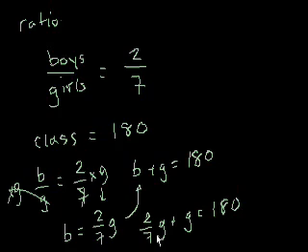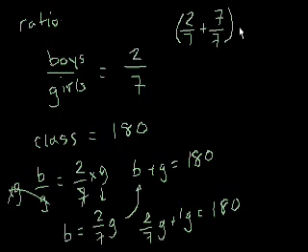So then we have 2 over 7 g plus g is equal to 180. And what's 2/7 g plus 1g, or 7 over 7 g? Well, you could do the fraction, but it's 2/7 plus 1, that's equal to 2/7 plus 7/7, right? Because that's just 1. G is equal to 180. And I'm jumping around on the chalkboard on purpose to intentionally confuse you.